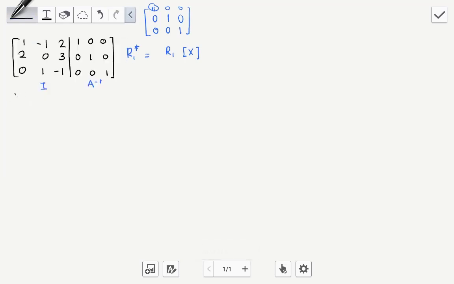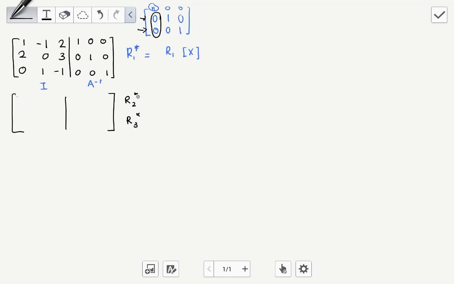Now on my second step, okay, so this is my second step. What we are going to do is get the 0 0. Okay, so when we want to get 0 0, this involves row 2 and row 3. So the operation is going to be on row 2 and row 3.